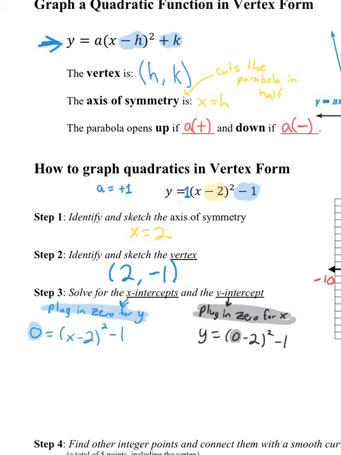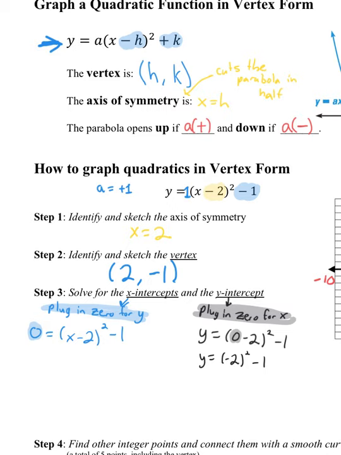Right off the bat, I can tell you the y-intercept is going to be easier to solve than the x-intercept. That's when we plugged in 0 for x. Now I'm just going to go through PEMDAS. Inside the parentheses, I have 0 minus 2, which leaves negative 2. Then I do exponents.